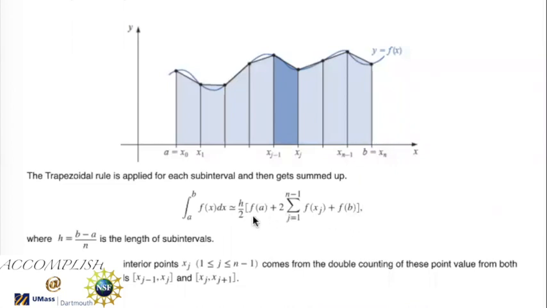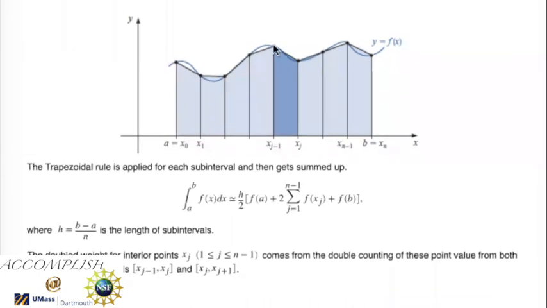The formula for that is this. You basically sum up the function's values at the ends of each sub-interval. For example, at this point, the value will be counted two times. Once comes from the area of the left trapezoid, and the second one comes from calculating the area of the right trapezoid.